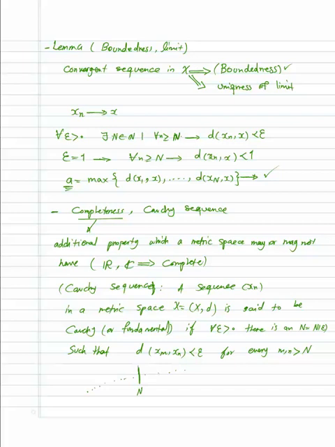After this threshold, for any of these points, the distance between them is less than epsilon. It doesn't really matter if between this and the other one, like this and this, is less than epsilon or something like that, because for every m and n greater than n, this distance is less than epsilon.